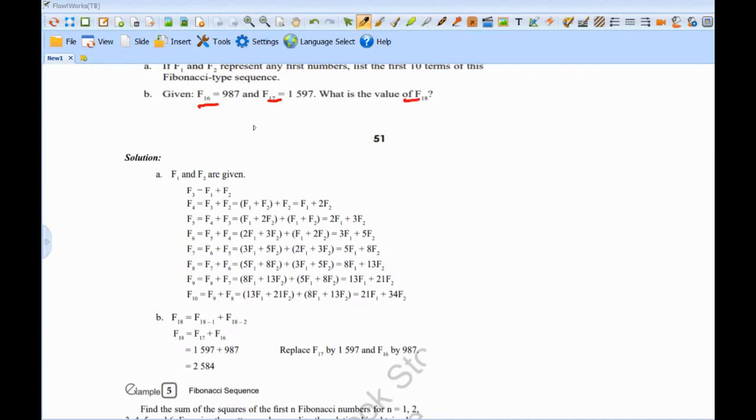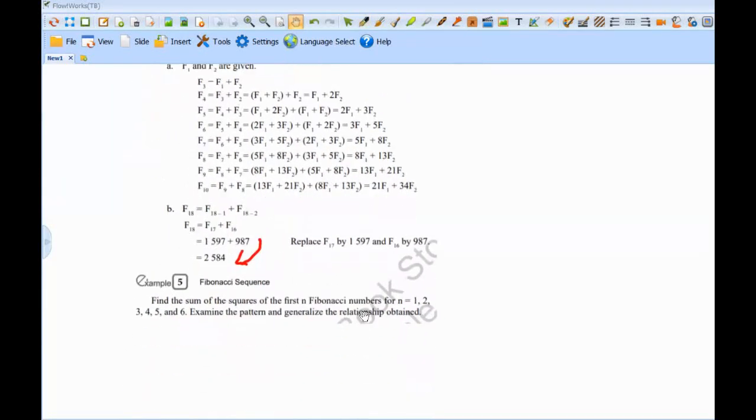In order to get f sub 18, you just add these two, right? 1597 plus 987, which gives you 2584. Just add the two previous numbers, 987 and 1597. You got it?